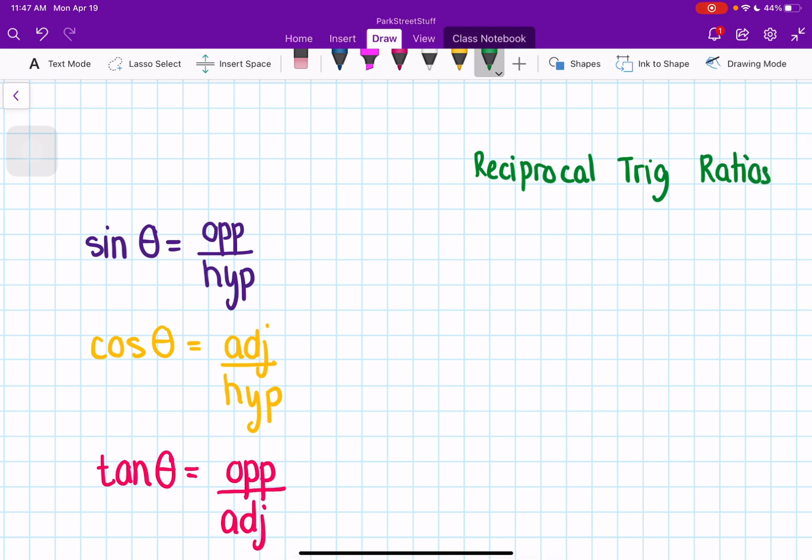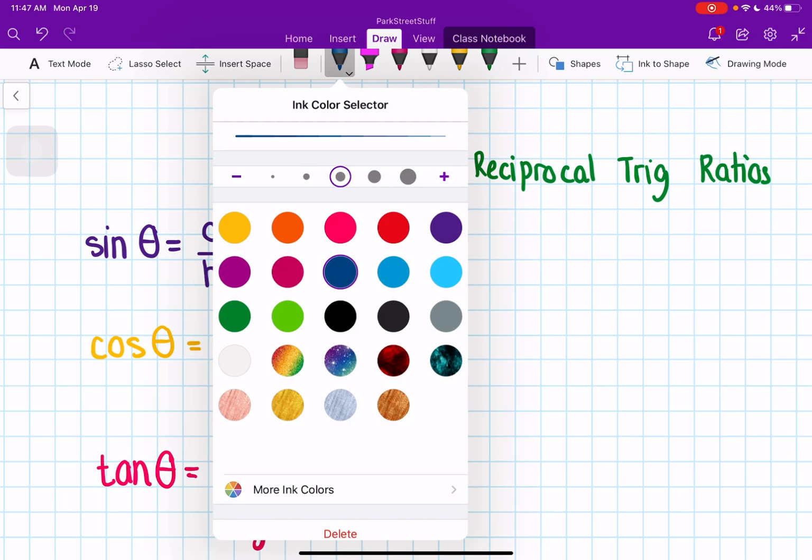So if you remember, a reciprocal to a fraction is when I flip the fraction over. So if I have a over b, its reciprocal becomes b over a. And so the reciprocal functions to our trig functions are as such. So I'm going to put these in for you here.